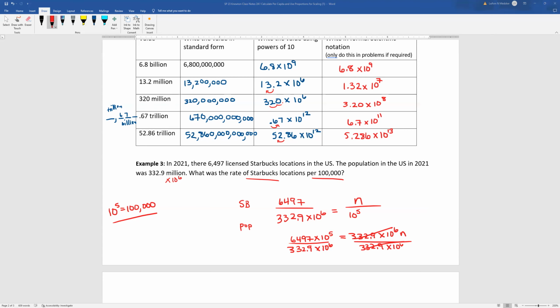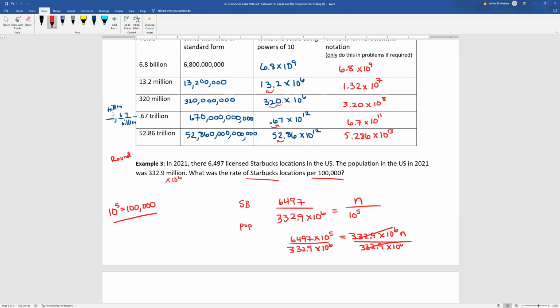6,497 times 10 to the 5th. And then divide by, always open a parentheses for the bottom one, 332.9 times 10 to the 6th. And notice that gives me 1.95. I'm going to round to 2 decimal places.